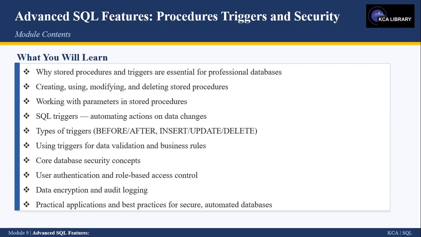We will look into different types of triggers, using triggers for data validation and business use. Core database security concepts, user authentication, and role-based access control. You will learn data encryption and audit logging. You will look into practical applications and best practices for secure automated databases.